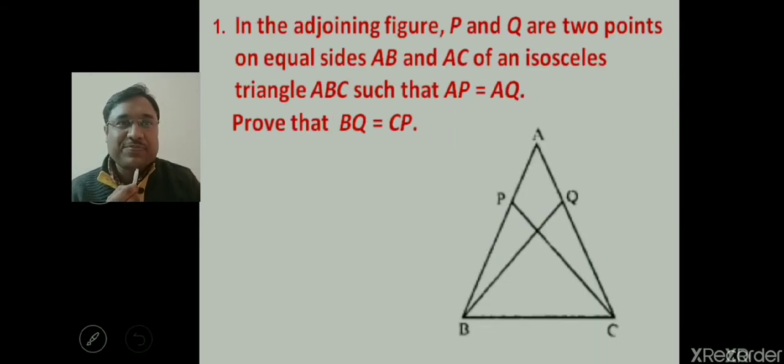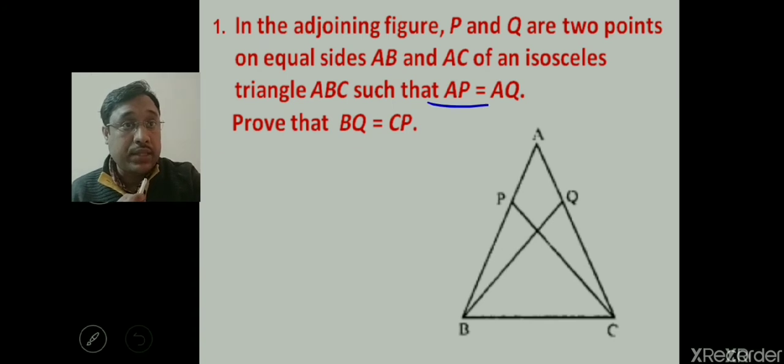You see, the first question is in front of you. In the adjoining figure, P and Q are two points on equal sides AB and AC of an isosceles triangle ABC. This given triangle ABC is an isosceles triangle, where AB and AC are the equal sides, such that AP and AQ are also equal.